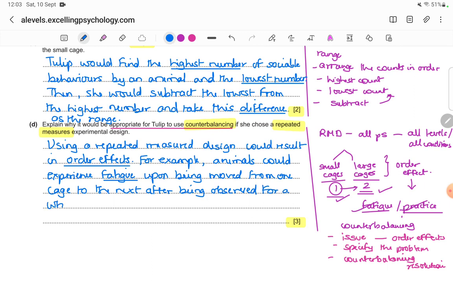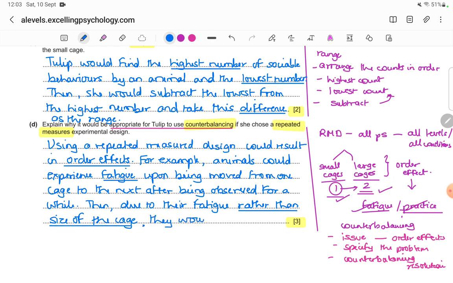I'll just break this into another sentence so that it doesn't become too long. Then, due to their fatigue, rather than size of the cage, okay, so I'm naming the independent variable here. They might show lesser sociable behaviors in the second condition.